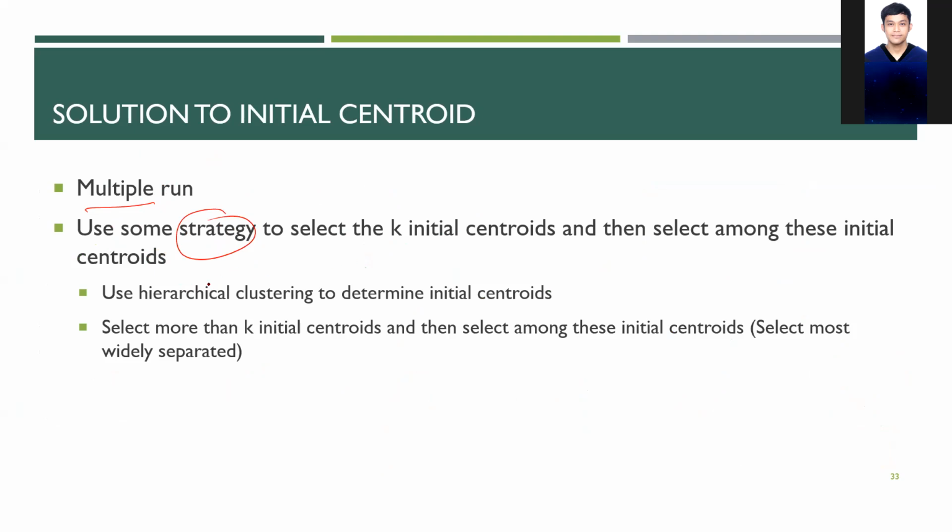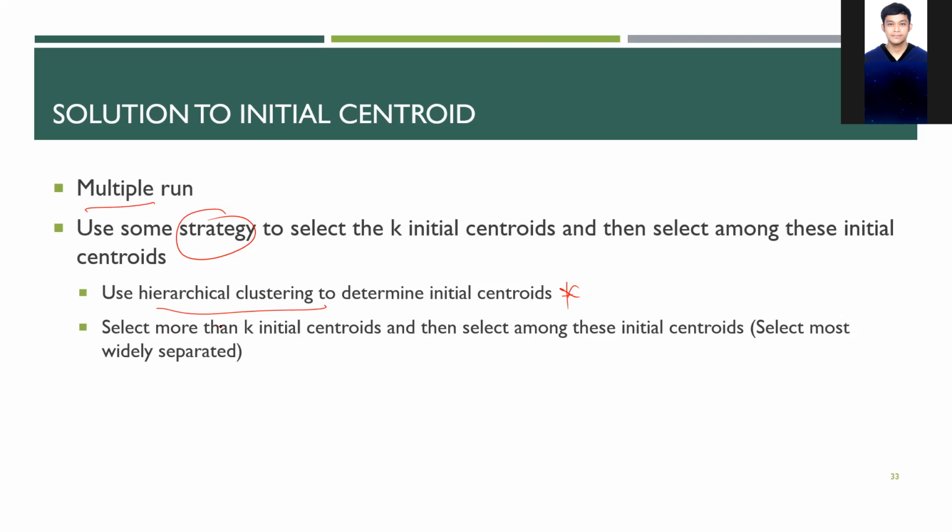For example, we can use hierarchical clustering to determine the initial centroid, because hierarchical clustering doesn't require the initial centroid. Maybe later after we learn about hierarchical clustering, we can come back here and I will show you how to combine hierarchical clustering with k-means.